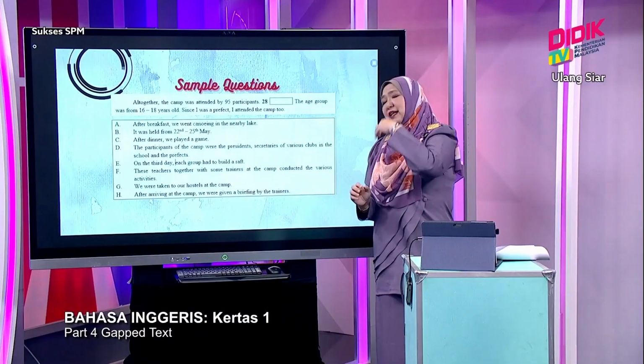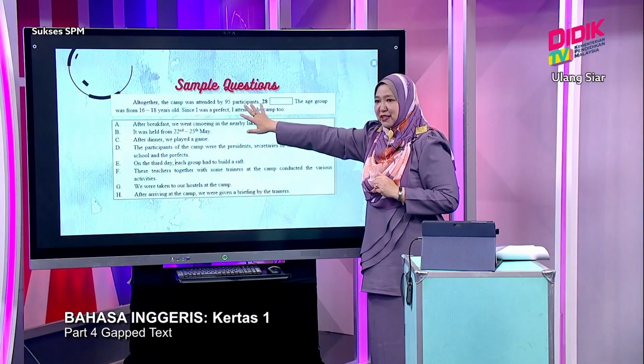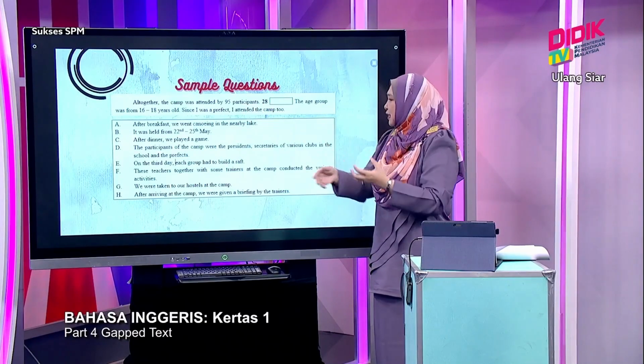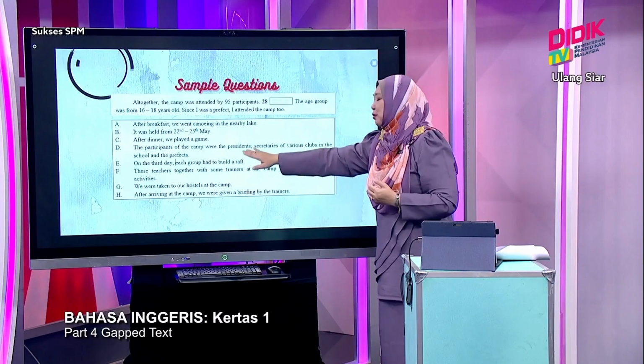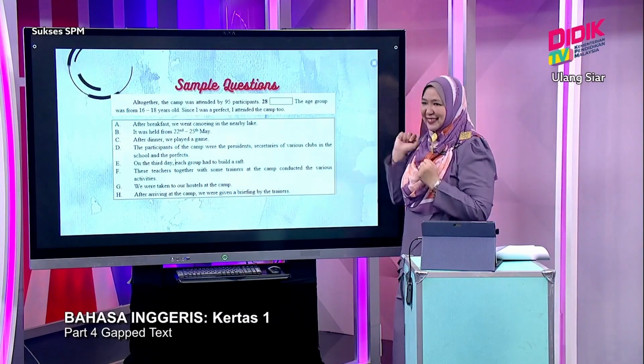For this one, the clue is participant. So we are talking about participants. Who are the participants? We have the participants here. Because if someone were to rush into the answer, they could actually choose answer F, "These teachers...", because if you are too rushed and don't read properly, you might miss the correct answer.